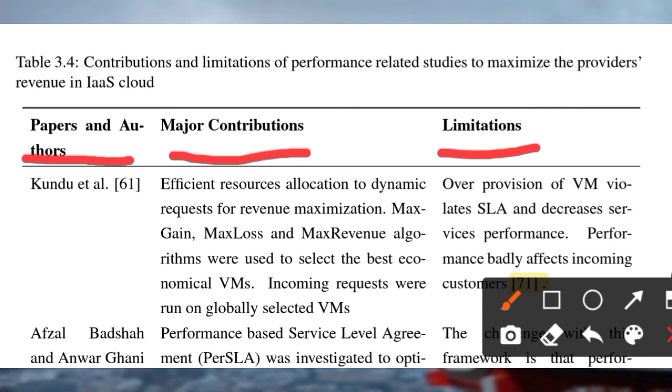When you start your literature review, you have to create one Excel file, and in this Excel file you have to create a number of columns. For example, here I have created 2 or 3.